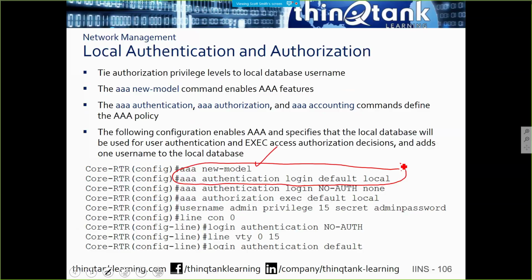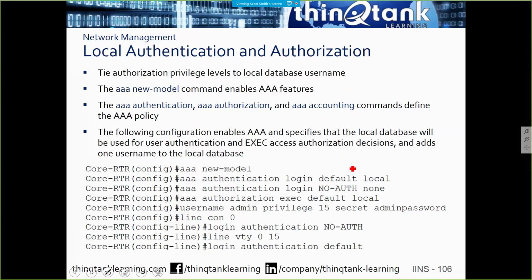What that says is that our login authentication, which would apply to things like enable secret, logging into the device using SSH or Telnet, we are going to change the default method list. This default references the name of the method list. In this case, it's default.